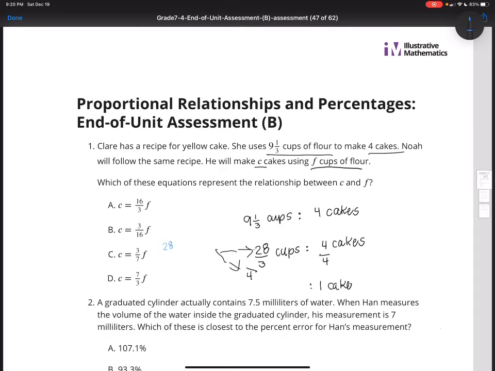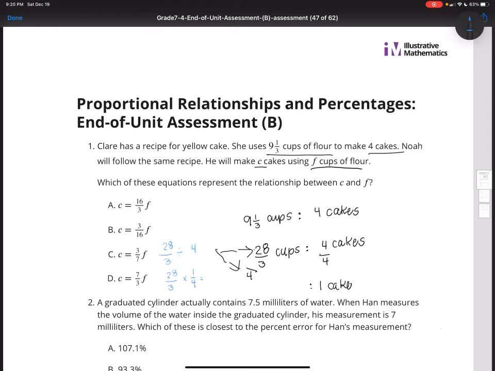So it's 28 over 3 divided by 4. Now, anytime you divide fractions, you apply the multiplicative inverse, which would be 28 over 3 times 1/4.